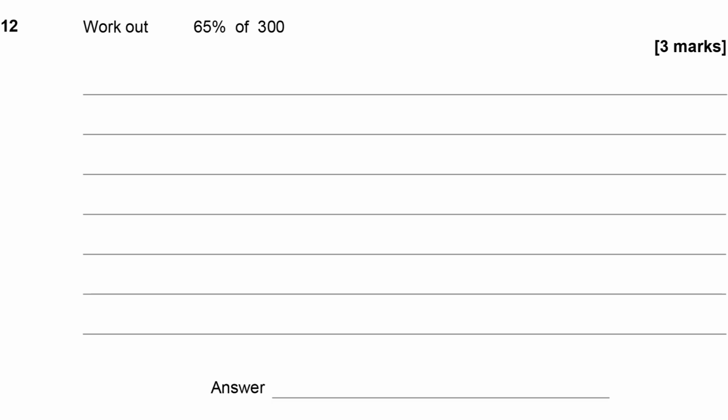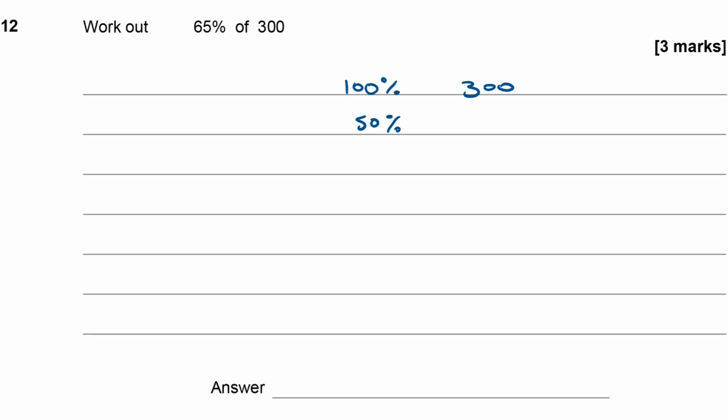Okay, now this is the non-calculator paper, so this is a non-calculator approach for finding percentages. I start with 100%, that's everything, and that's going to be my full amount, which is 300. Okay, and then what we're going to do is make 65% out of handy building blocks that we can easily find. So if I take 100% and halve it, I'm going to get 50%.